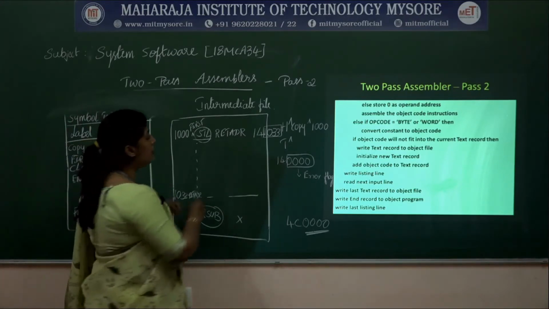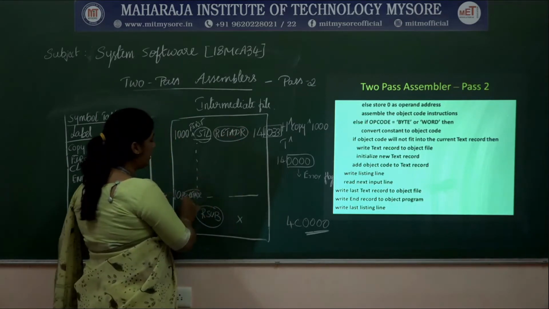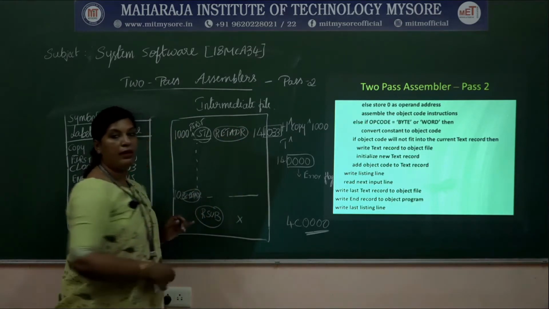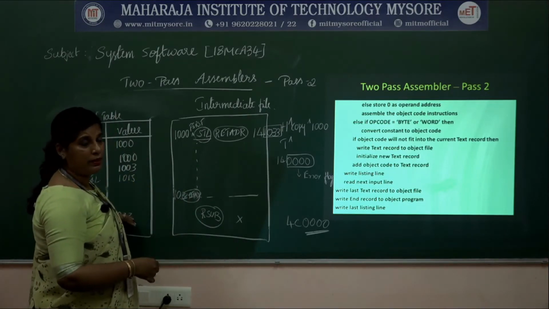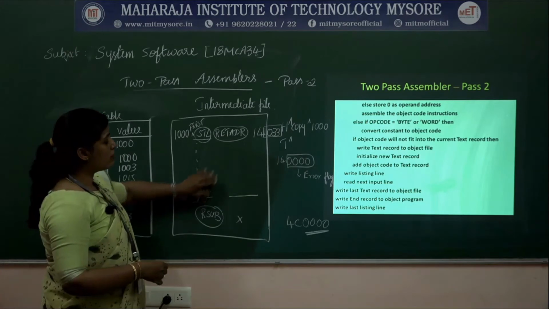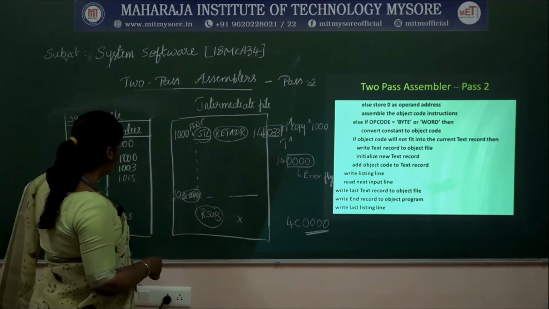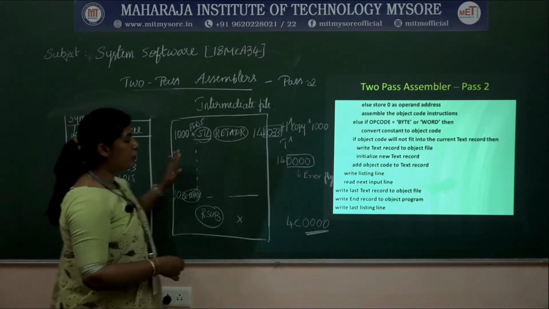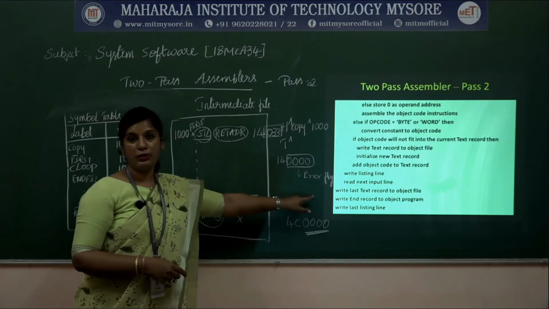Sometimes the user uses the return address but forgets to define it in the label field. Then during pass 1 the return address will not enter the symbol table, so it sets the operand address as 0 and sets an error flag.